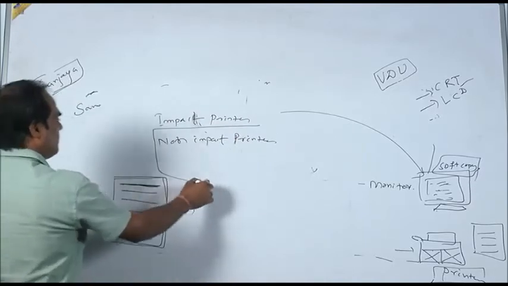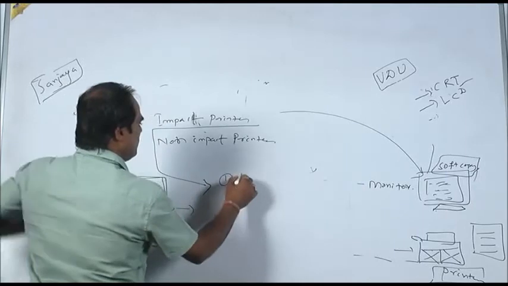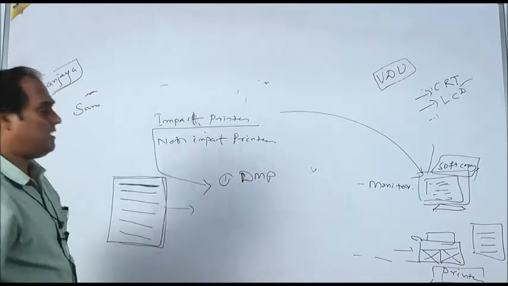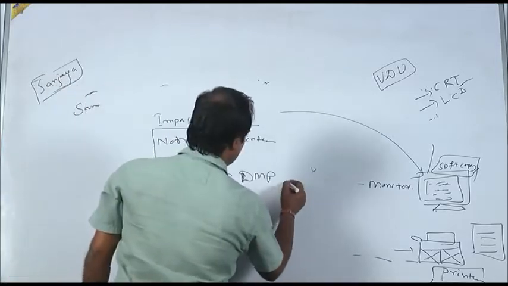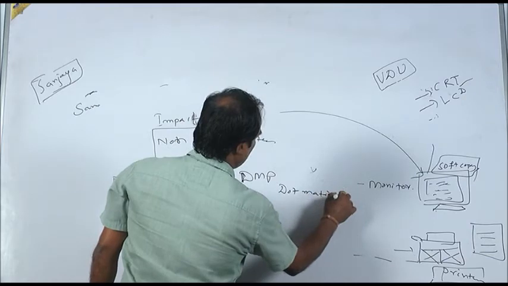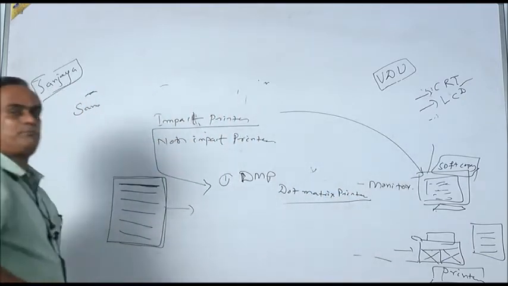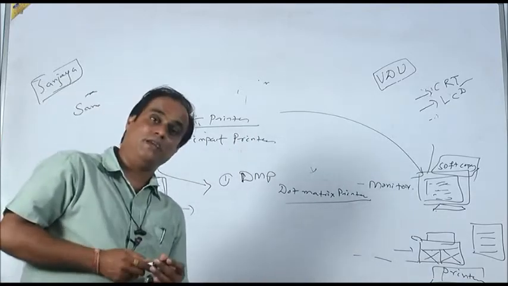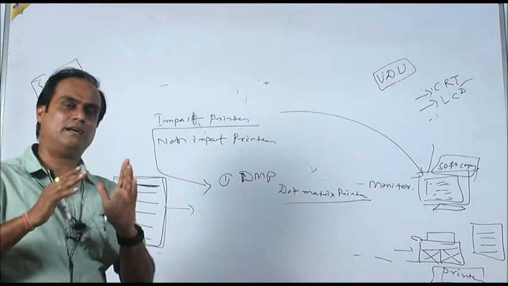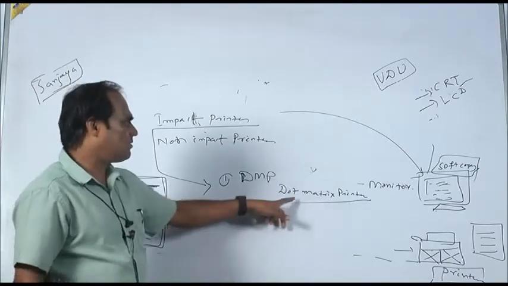Then in impact printers, what are the impact printers? First is DMP, that means dot matrix printer. Basically, it was used earlier, when there were no high-end printers, only the dot matrix printer.